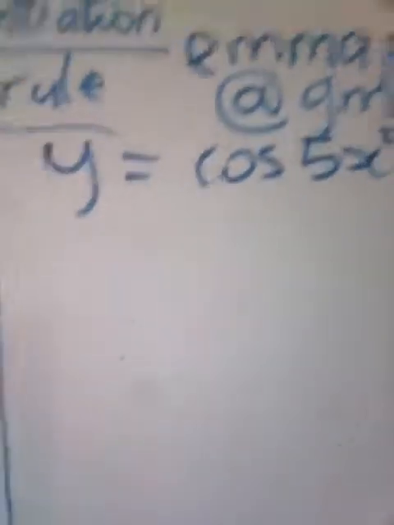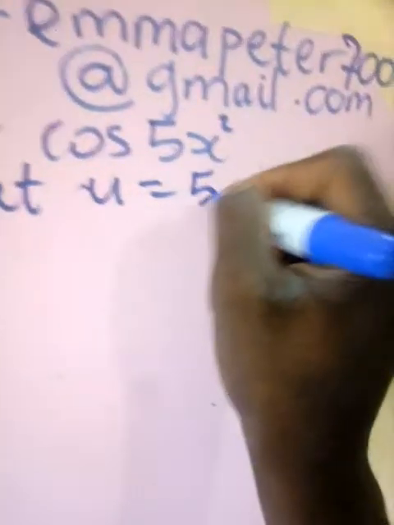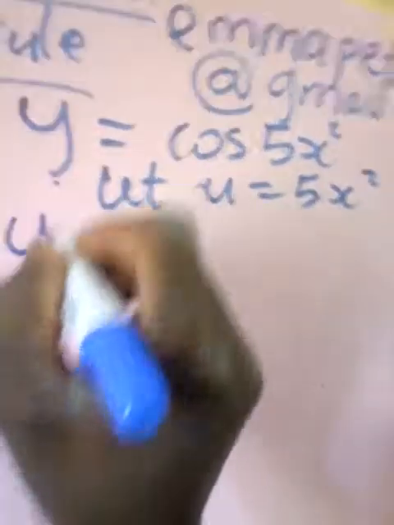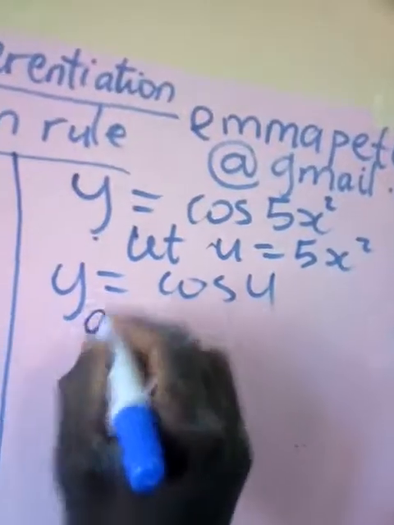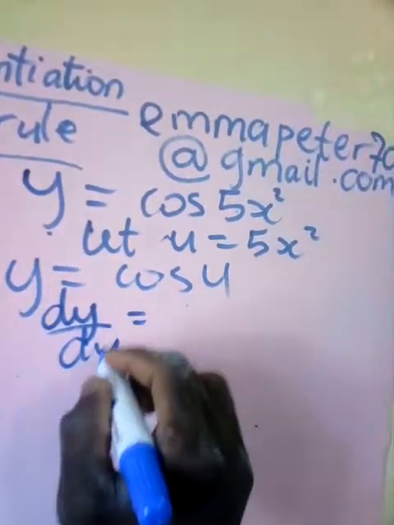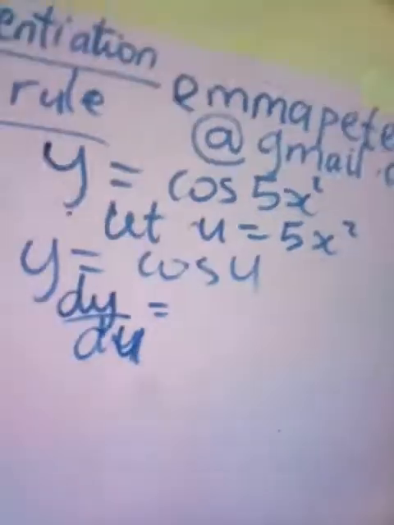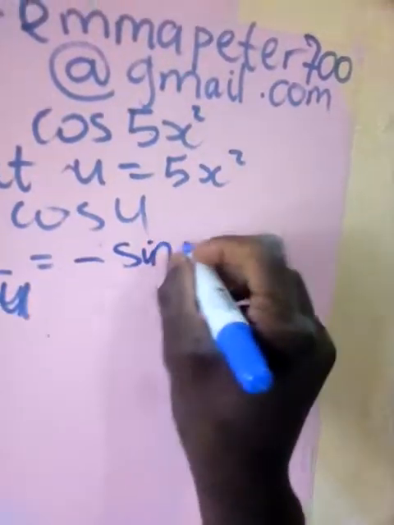I'll let u be equal to 5x squared, so that y will be cos u. That's all I need. Dy/du, because here y is being measured in terms of u, will give me minus sine u.